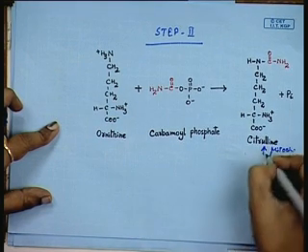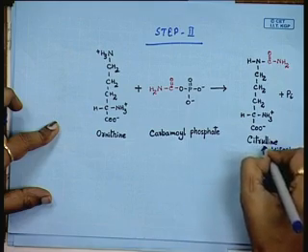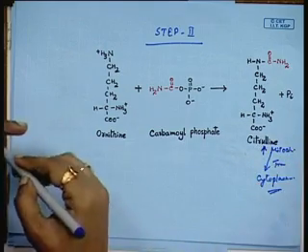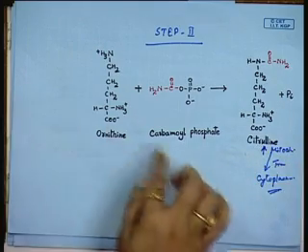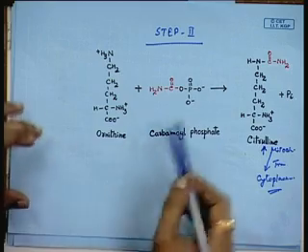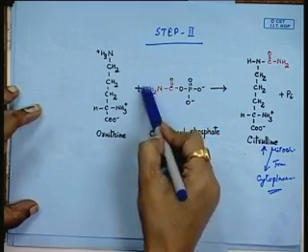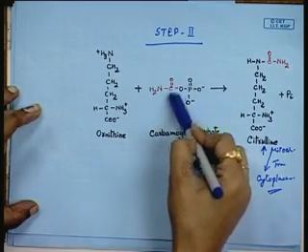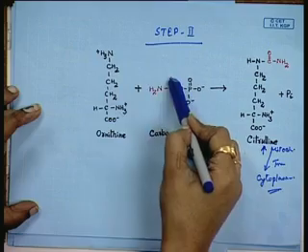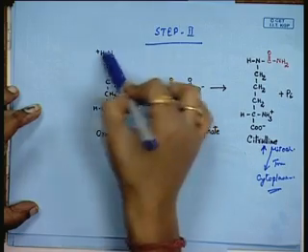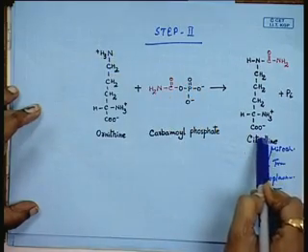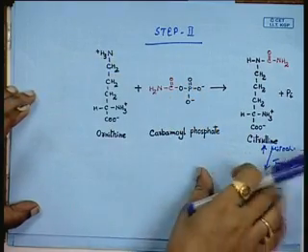So, in this step, we have seen that the carbamyl group from carbamyl phosphate is being transferred to ornithine and citrulline is formed.